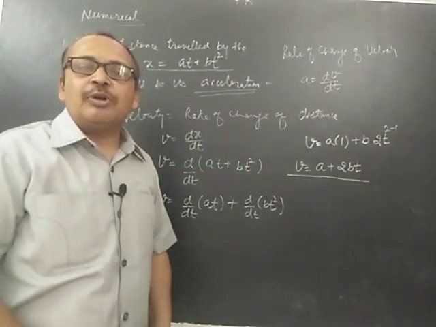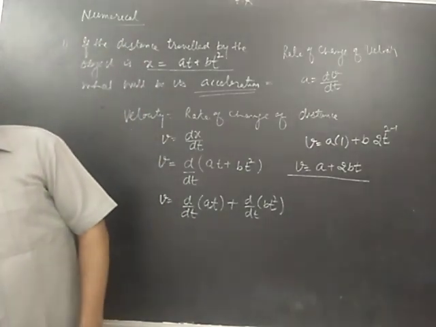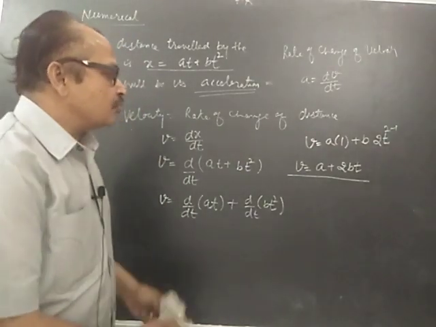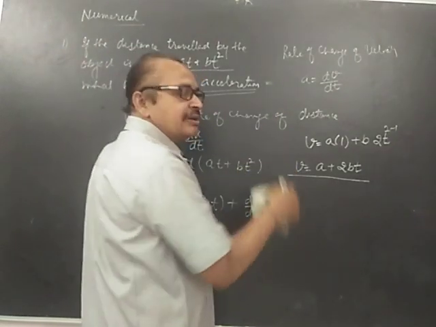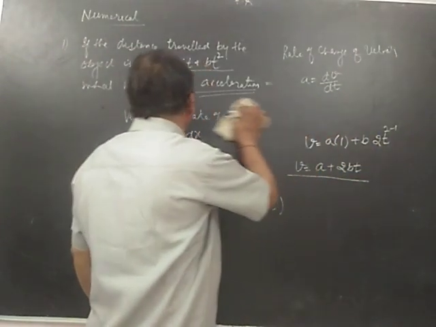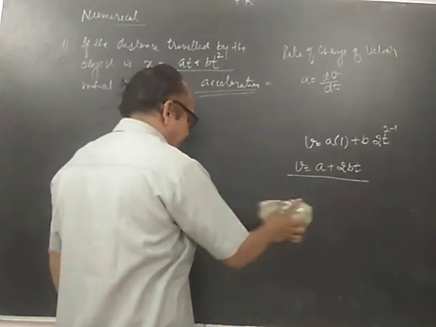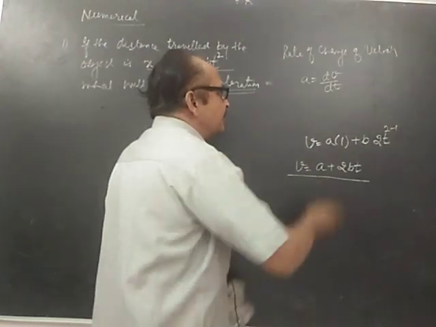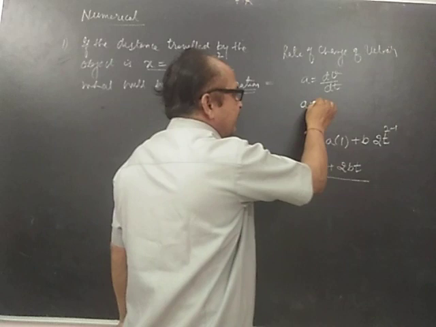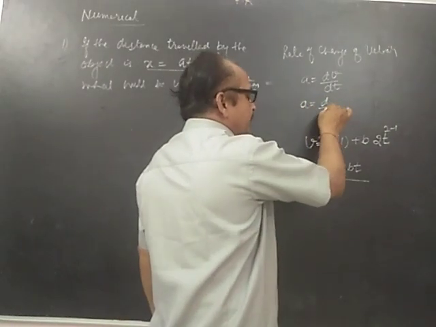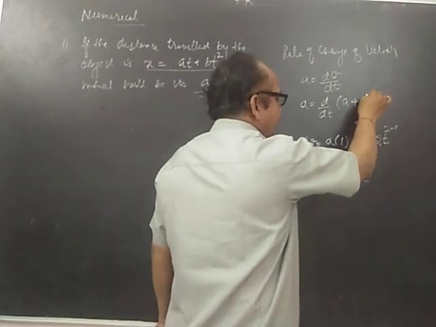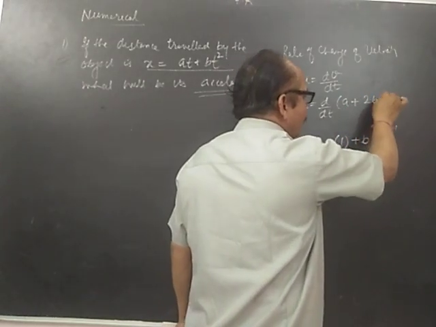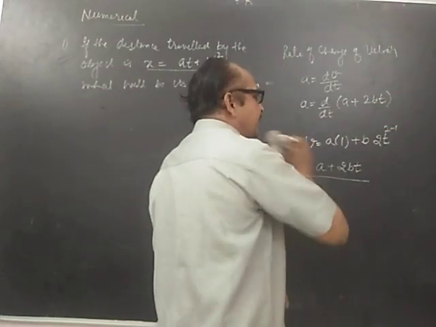So we will put the value of v there, and ultimately what we get is a is equal to d by dt of (a plus 2bt).